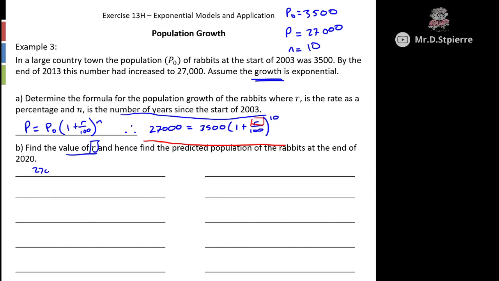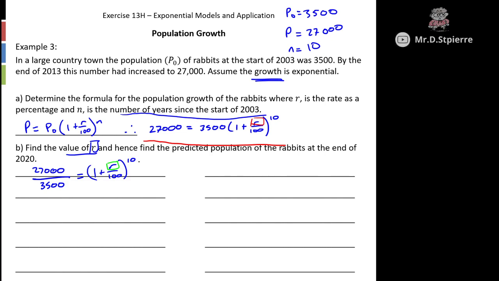So we get 27,000 on 3,500 is equal to 1 plus R on 100 to the power of 10. Okay. Now, where is our unknown? It isn't in the exponent anymore. We have 10 in the exponent, so we don't actually need to use a log to solve this.